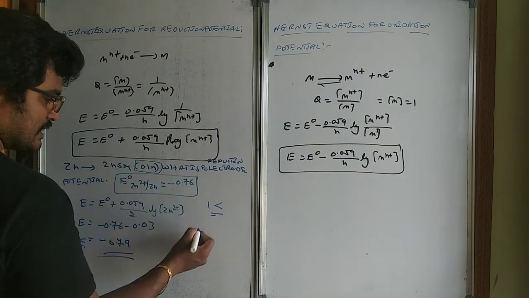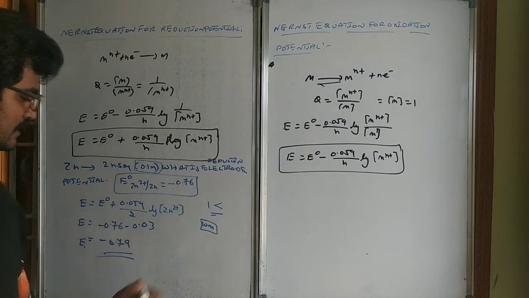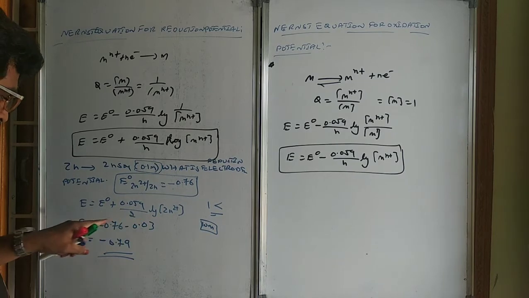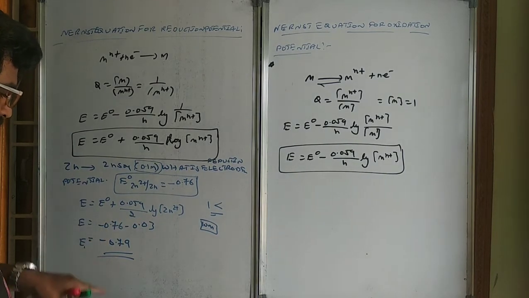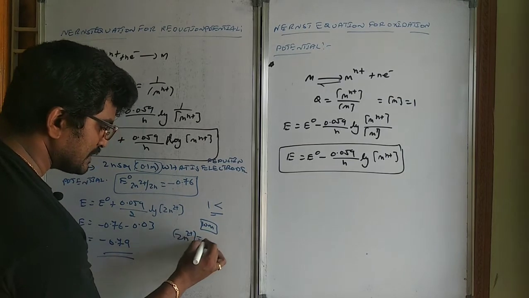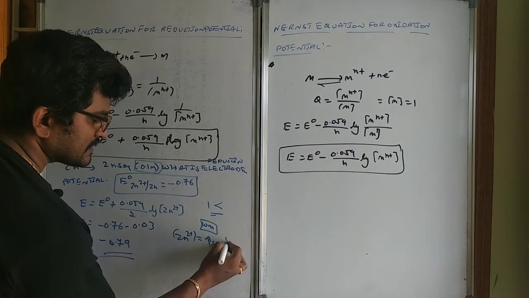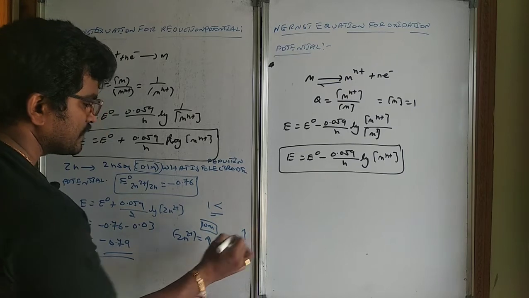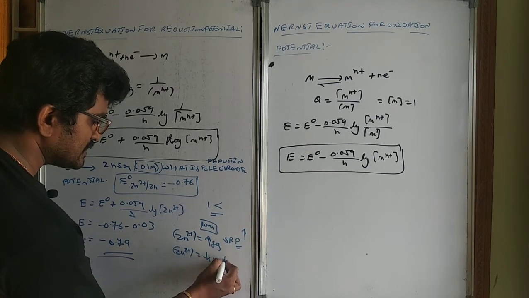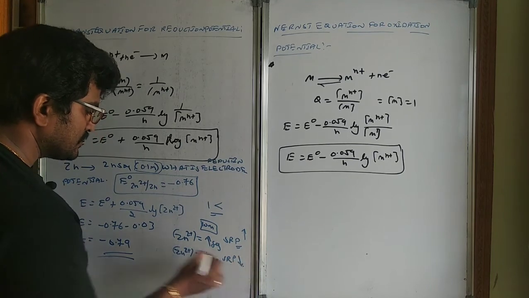If the concentration is 10 molar, then log 10 will be plus, so the SRP value will be increasing. So zinc concentration increases, SRP value increases. Zinc concentration decreases, SRP value decreases.